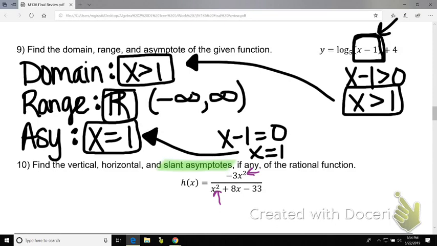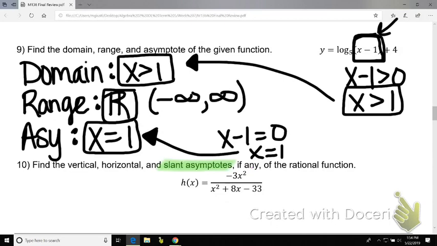So on problem number 10, find your vertical, find your horizontal, just like we did yesterday. And when it asks for slant, just say there isn't one, because the top degree is not larger than the bottom. So we don't have to worry about slant asymptotes.